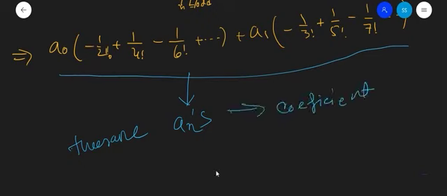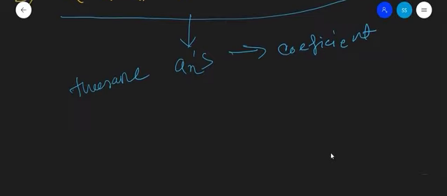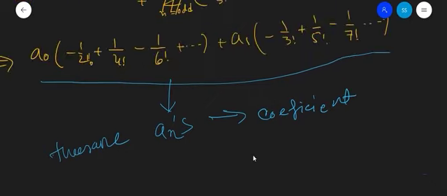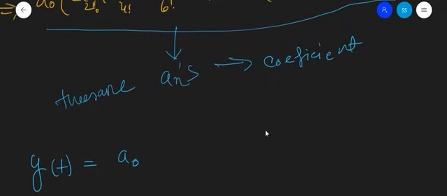So lastly, you just put all of them together and you will have y of t, with some constant parameter. The first term, for n equals 0, will just be a0.